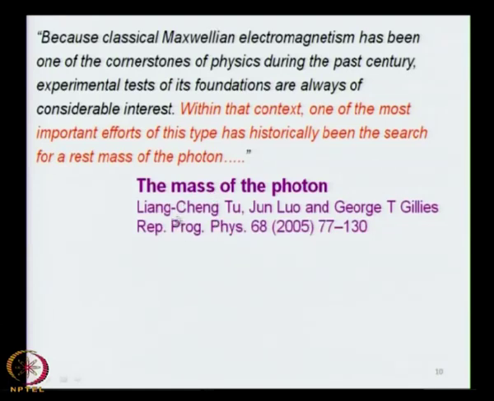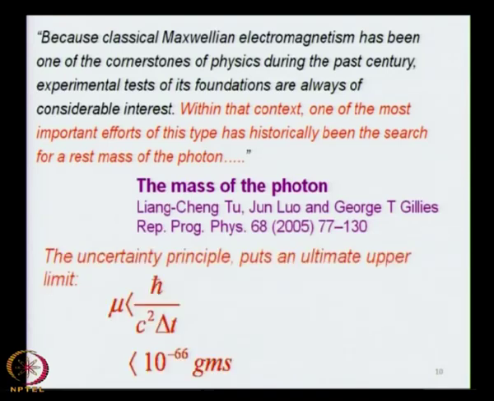What they point out is that because classical Maxwellian electromagnetism has been one of the cornerstones of physics during the past century, experimental tests of its foundations are always of considerable interest. Within that context, one of the most important efforts of this type has historically been the search for a rest mass of the photon. So, now you understand the importance of this particular issue, and those of you who would like to read further will certainly like to read this article by Liang Sheng-Tu and his co-authors.